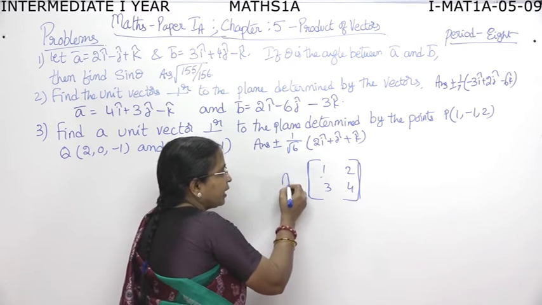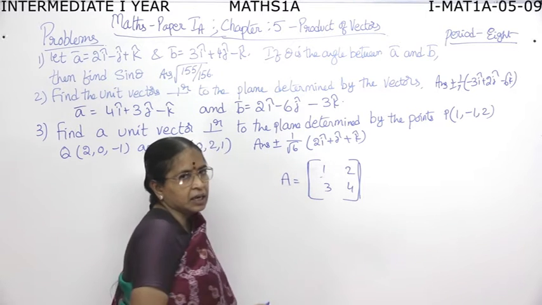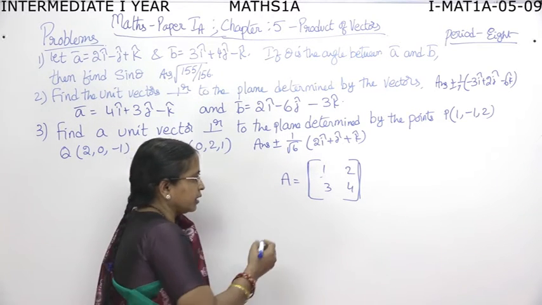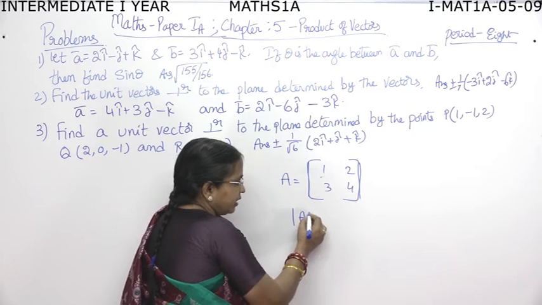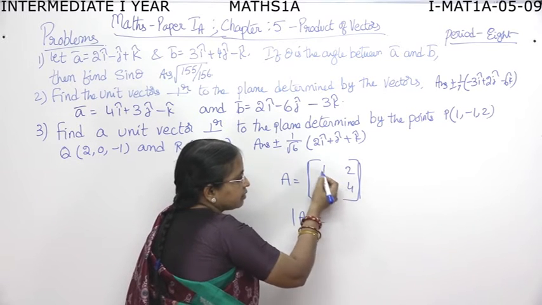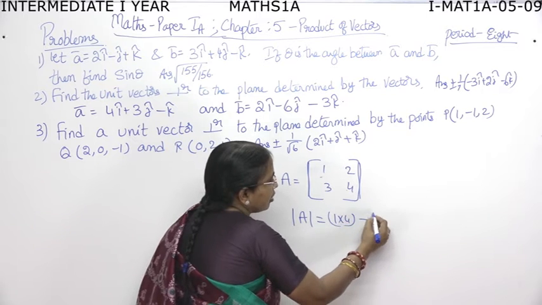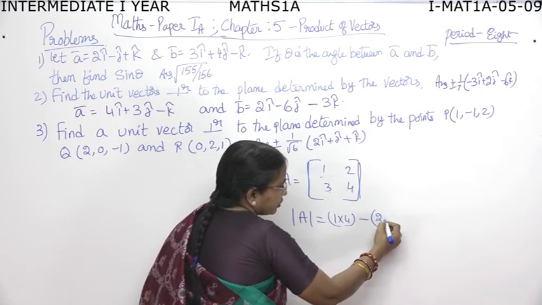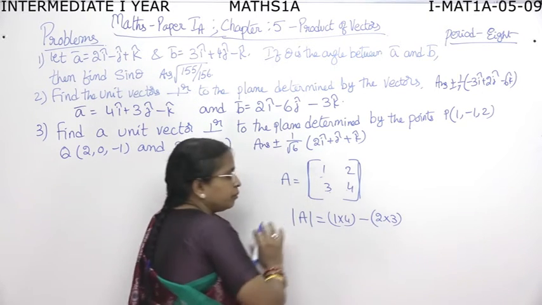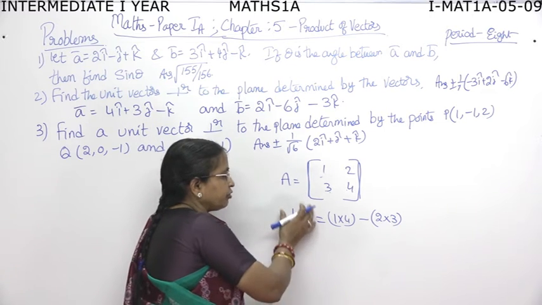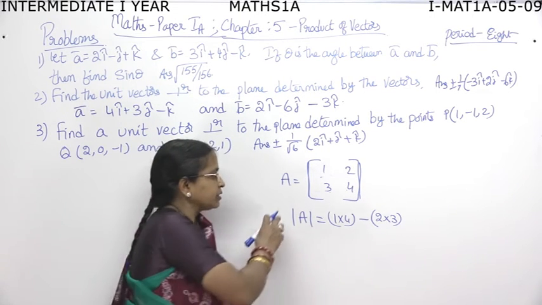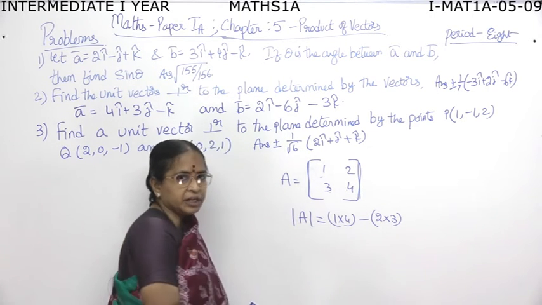We denote it by A. Capital letters A, B, C, X, Y, Z like that. So determinant of A is defined as just multiply 4 into 1, 1 into 4 minus 2 into 3. So this is the procedure to find the determinant of a square matrix A, or this is actually the definition.